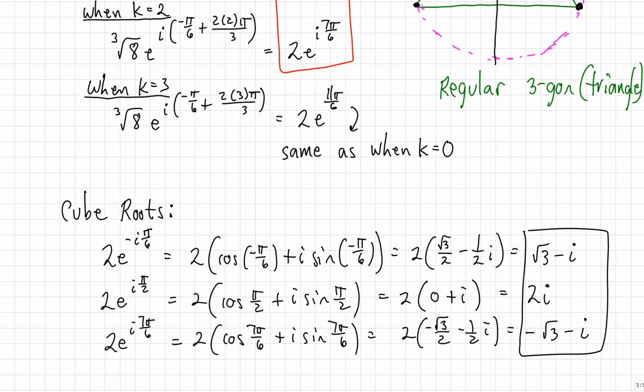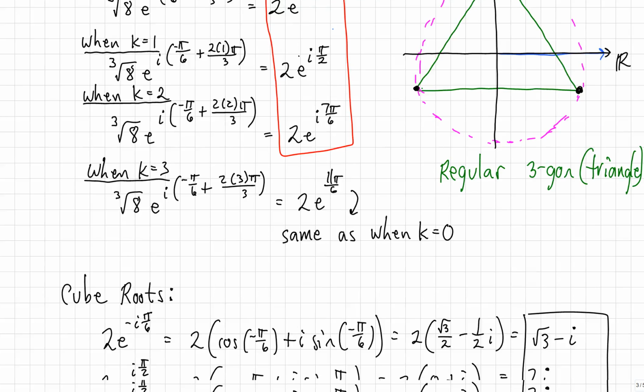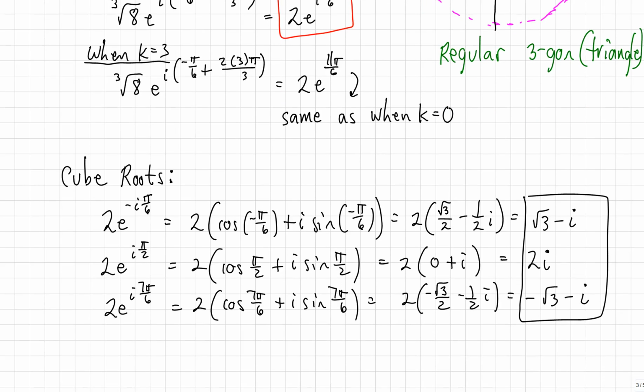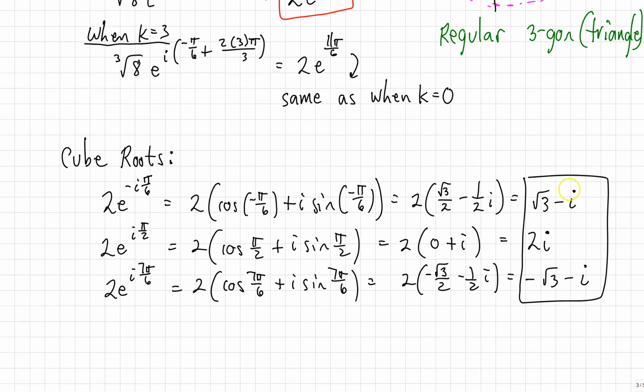Now, to check our answer, we could do it several ways. Let's say you have the rectangular version. So let's say we wanted to check square root of 3 minus i and see if that's the cube root of -8i.